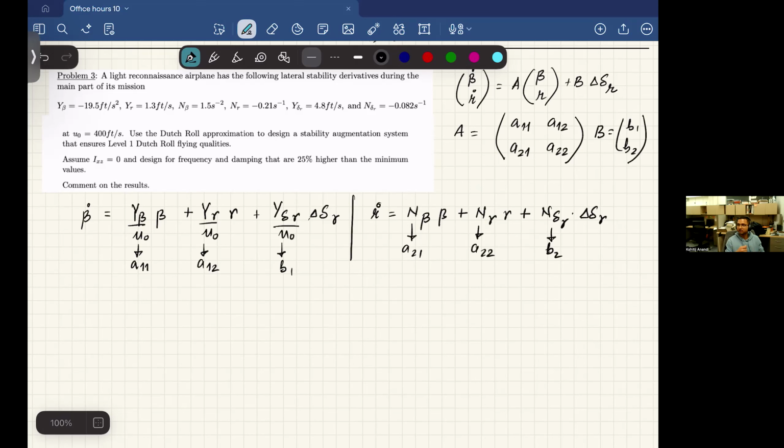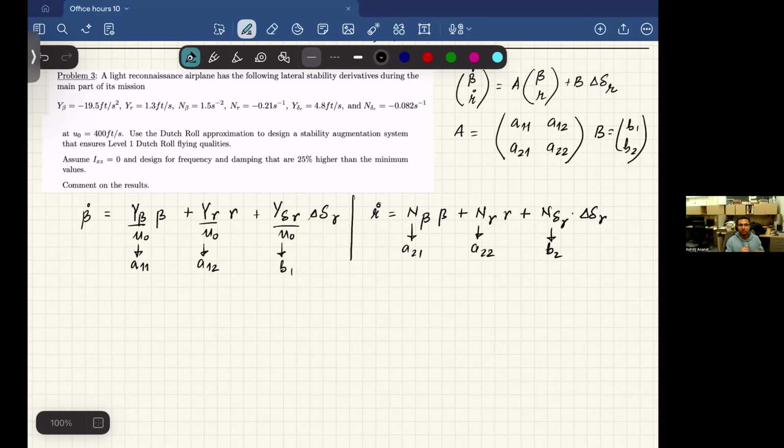Those are the coefficients, right? But before dividing by half rho U squared S C or S B, whatever it is, you have the force stability derivative. So that's what is given here.